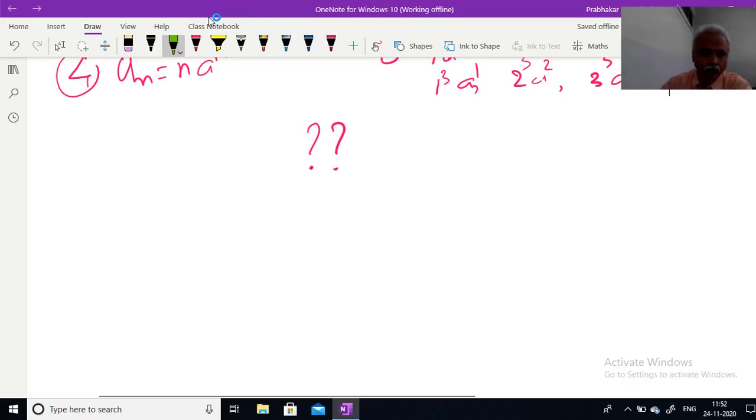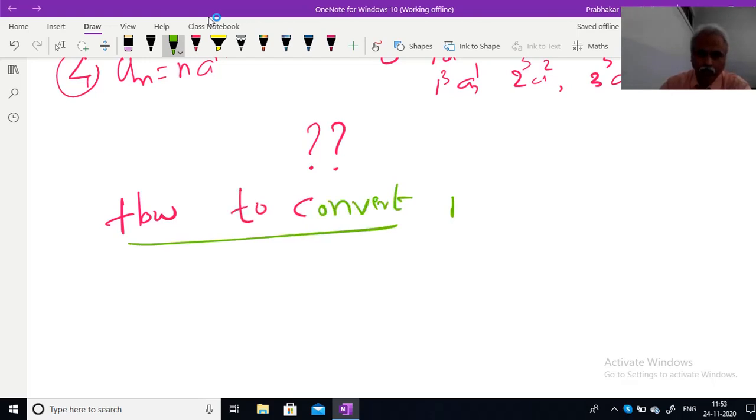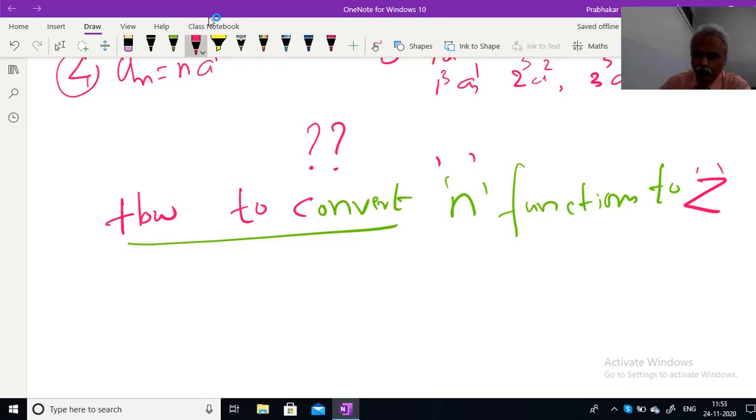How do we convert n functions to z functions? So let us see how we convert. Convert means you have to make mathematically a ready tool and convert it.